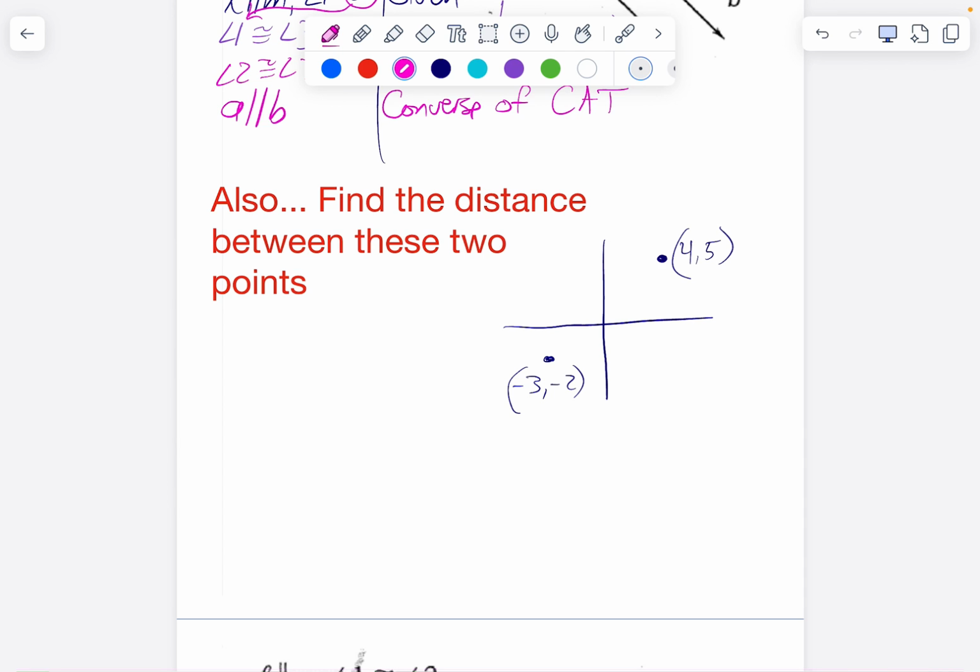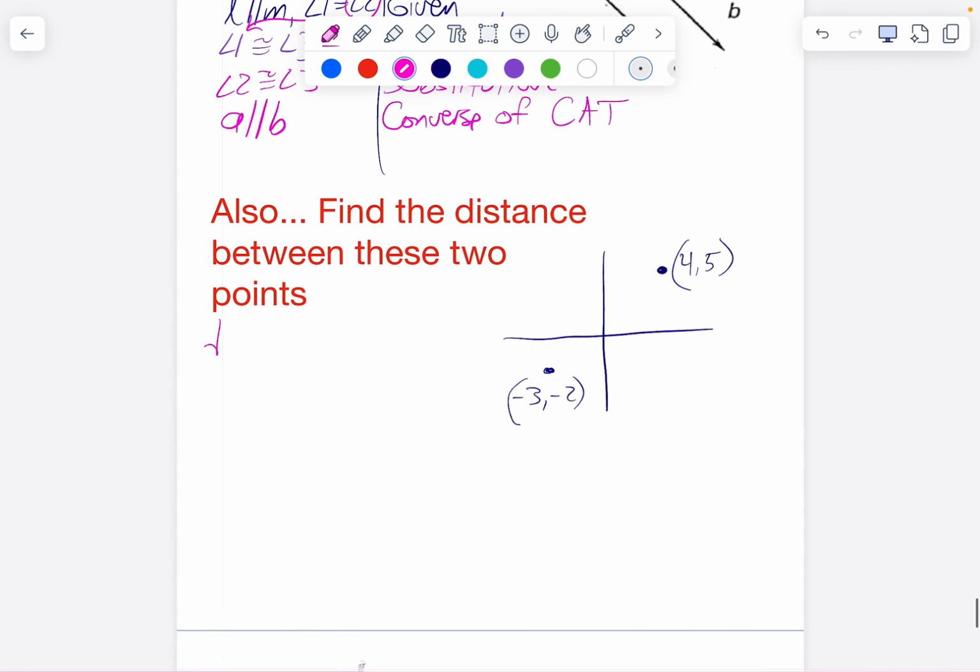How do we find distance between 2 points? Well, we have a distance formula. Anybody remember that? Nice.